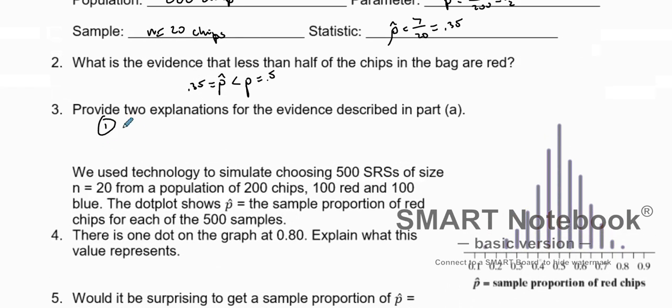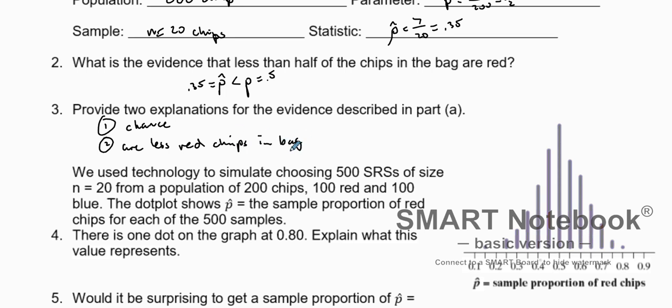Number one, it could happen by chance, just simple chance, that we got fewer red chips. Or number two, there really are fewer red chips in the bag, and so we are misled.